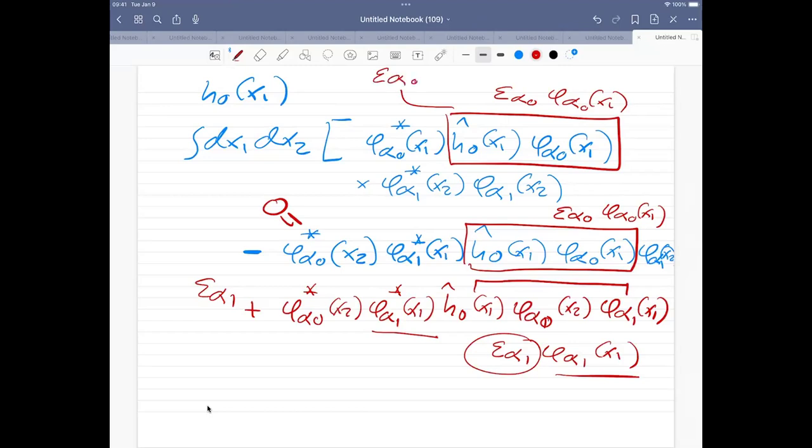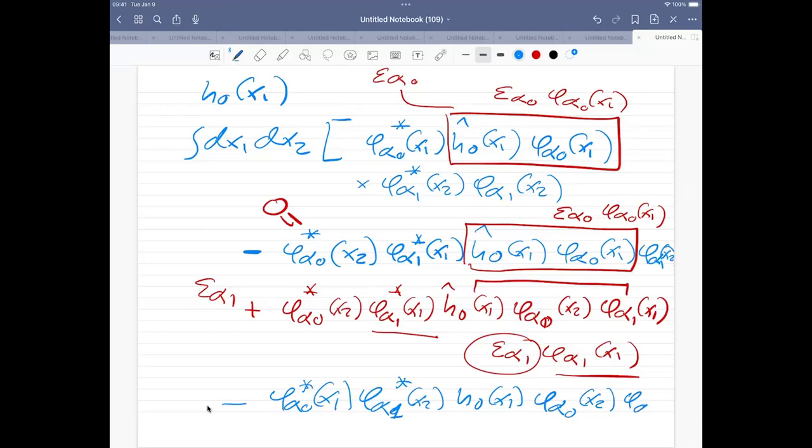And then I have a final term, which has a minus, and that is given by phi alpha 0 of x1, the phi alpha 1 of x2, multiplied with h0 x1 and phi alpha, and now we have interchanged them. So we have an x2 here and phi alpha 1 of x1. So what should that give us?